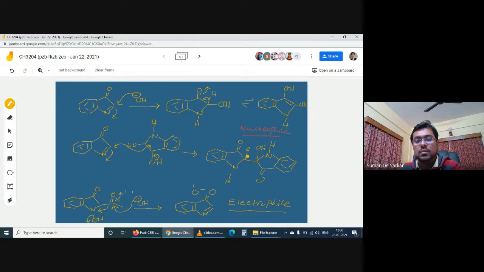This is the last step. This will go and water will get released. And finally, we'll get our desired indigo. Just a moment. The last structure is coming out with some space here.